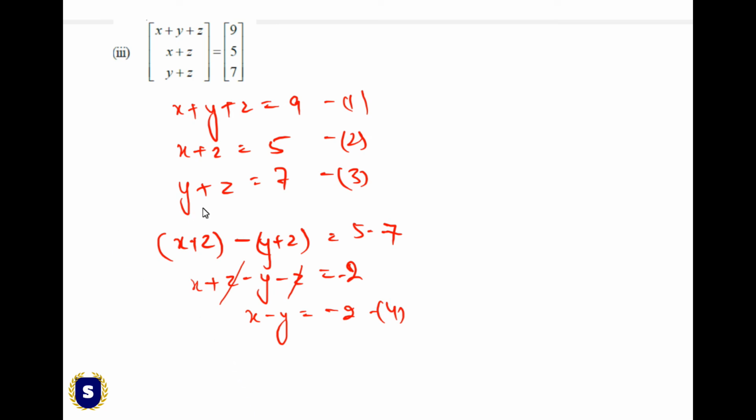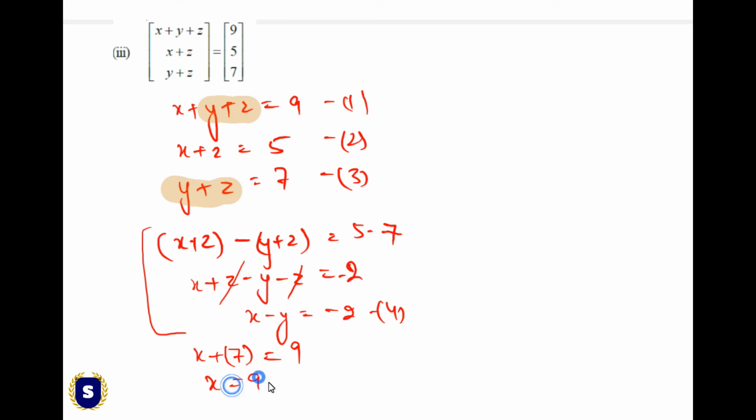Okay, let's solve equation number 1 and 3 now. It can be easily done. If we substitute the value of y plus z from equation 3 in equation 1, we can directly get the value. So x plus 7, this is the value of y plus z, is equal to 9.